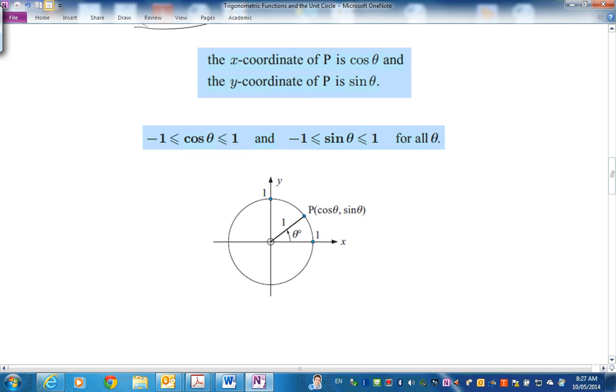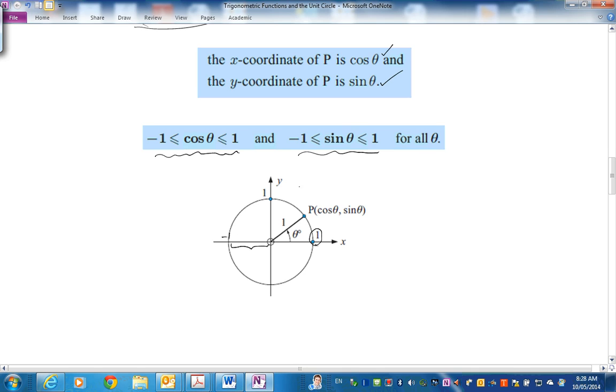Okay, so the x-coordinate of P, any point P moving around the unit circle, is the cosine, and the y-coordinate is the sine. And you can see cosine must be between -1 and 1, and so must sine, because we're now on a unit circle, and there's the maximum value of the x, and here's the minimum value of the x.